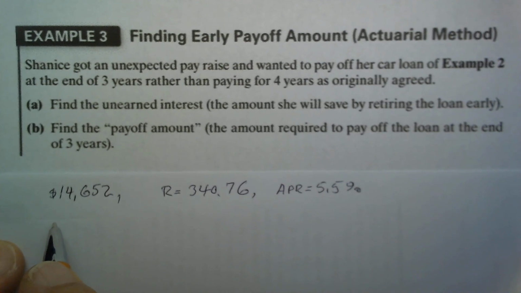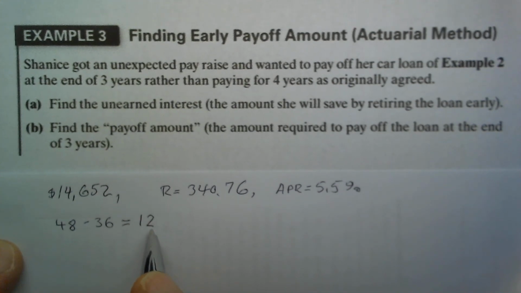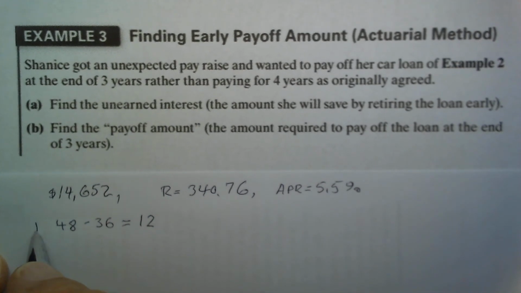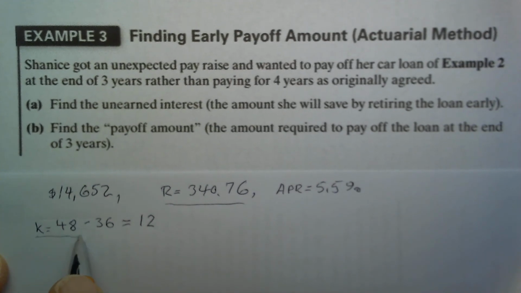And the remaining number of payments was 48 minus 36, or 12. So in other words, K, the number of remaining scheduled payments, is equal to 12. R is 340.76, and K is equal to 12.